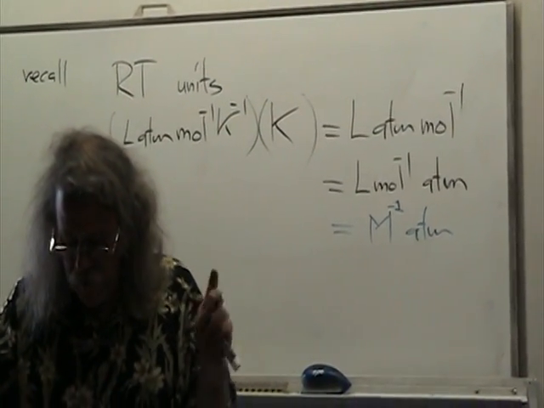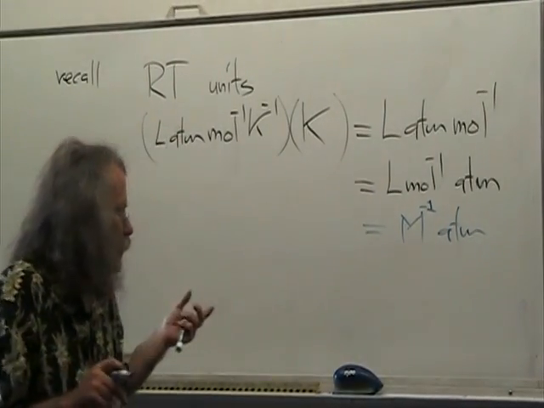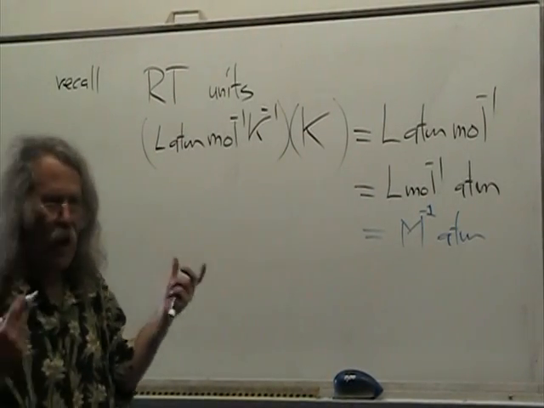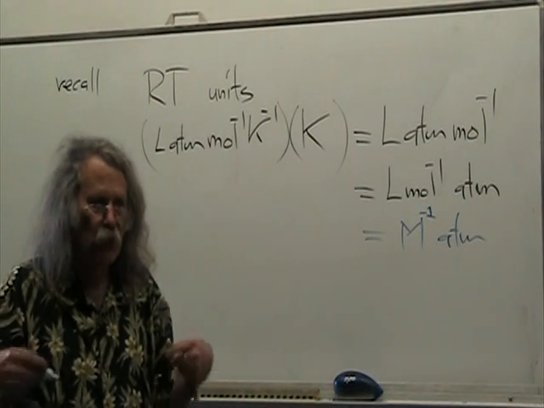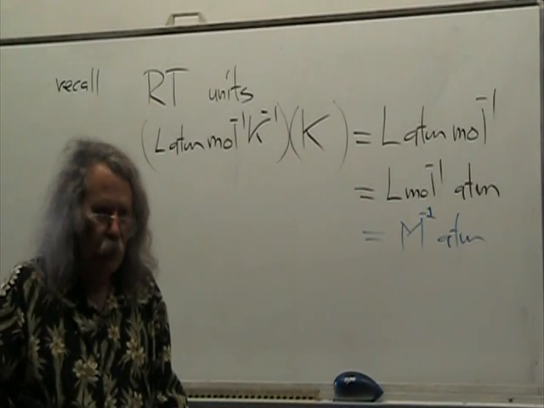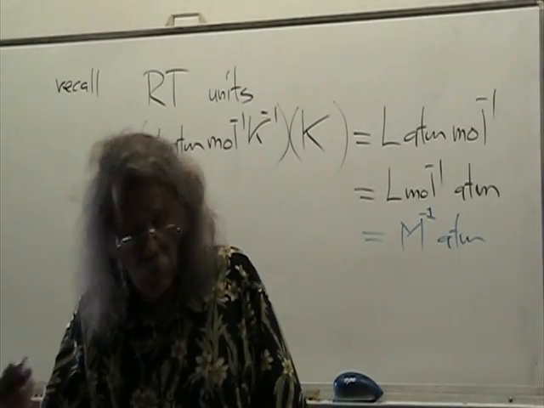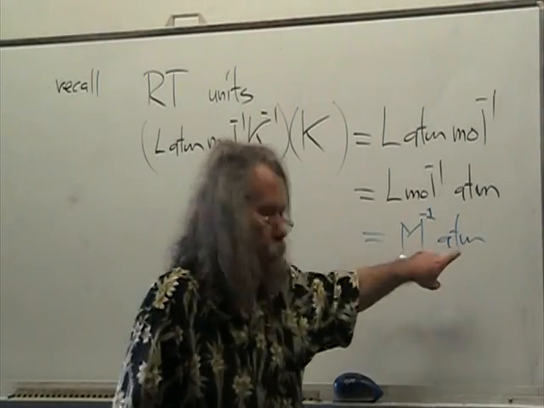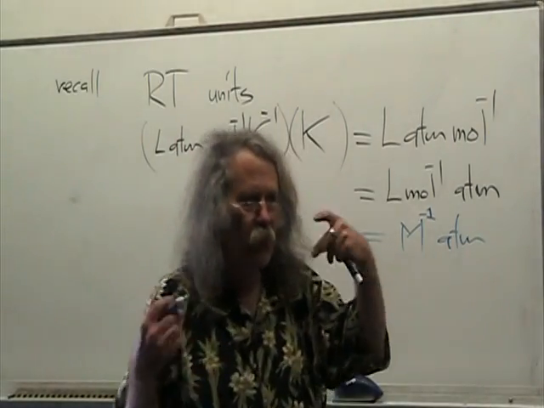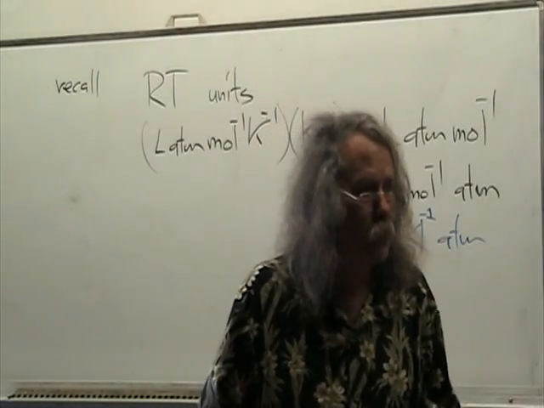I want to write Kc in terms of Kp. So I'm given something that is going to have units of atmospheres. Doesn't matter what those units are. And I'm going to want to express it in terms of molarity. So I'm going to have some sort of conversion factor, and this is going to provide us a conversion factor for going between the two.